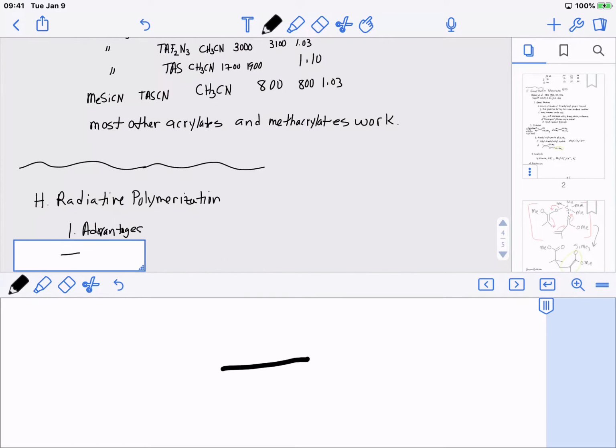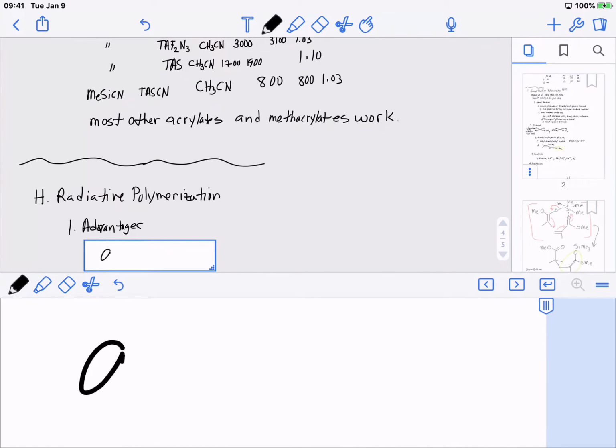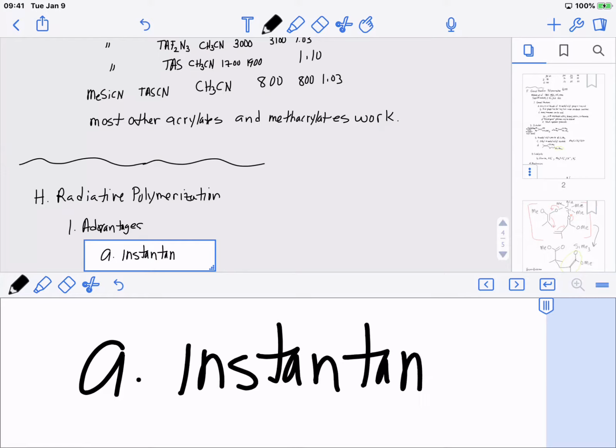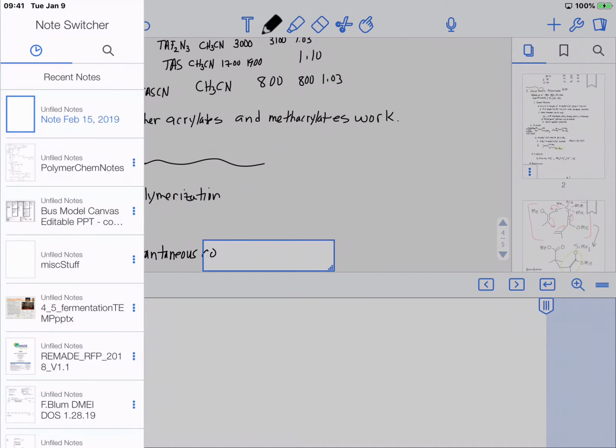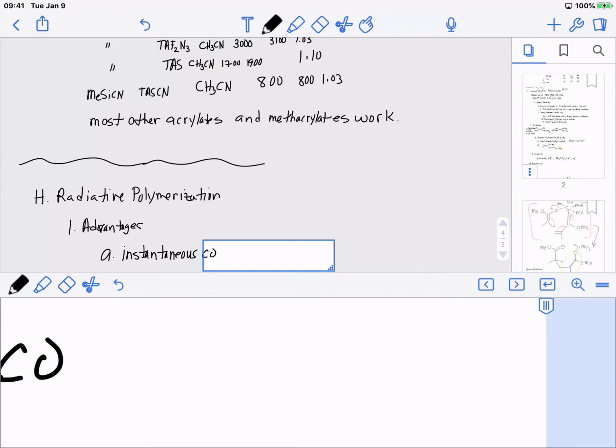Those advantages include, often, it's instantaneous. You have instantaneous control. Basically, the radiation hits it and does its thing almost immediately.